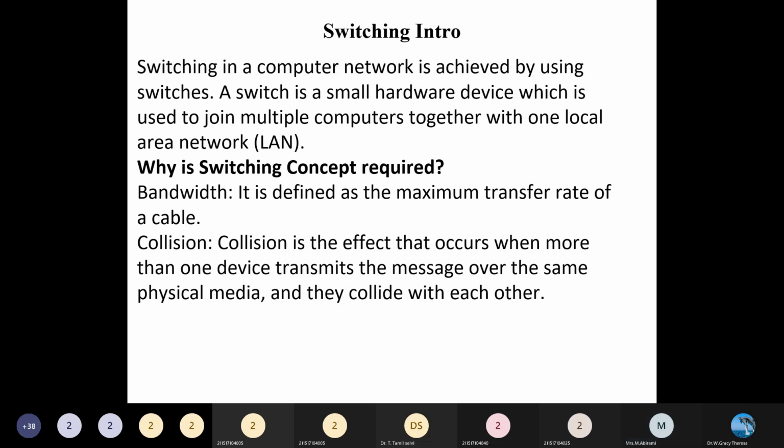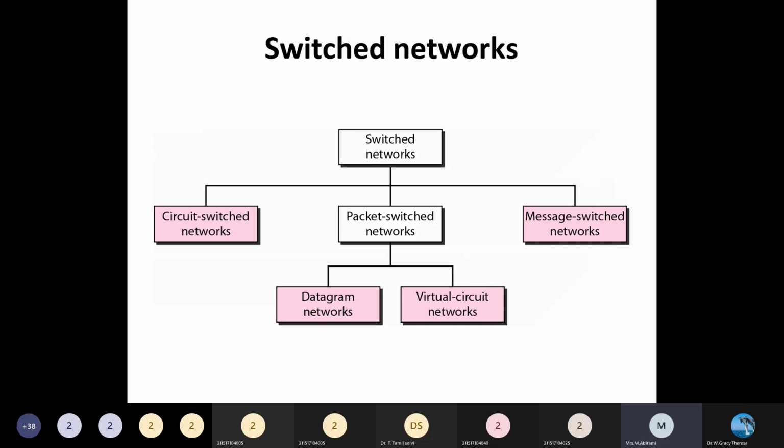Then the next slide: this is the diagram representing the types of switching networks, a classification of switching techniques. In switching networks, first there are circuit switched networks, packet switched networks, then message switched networks.